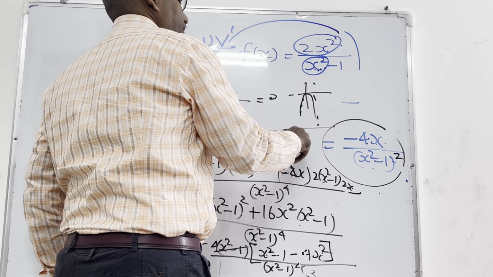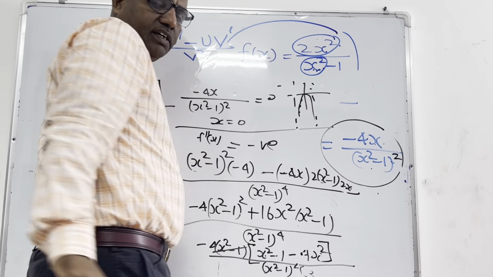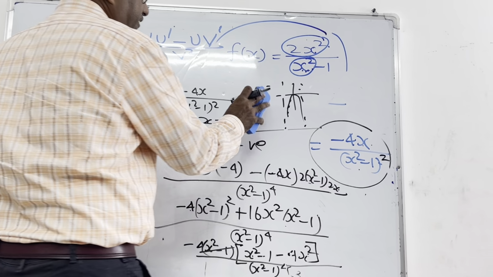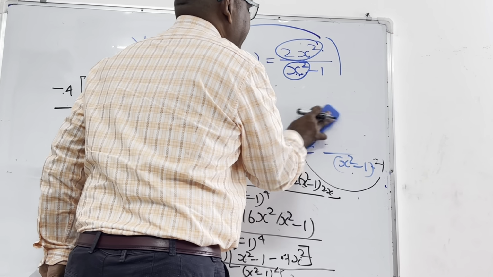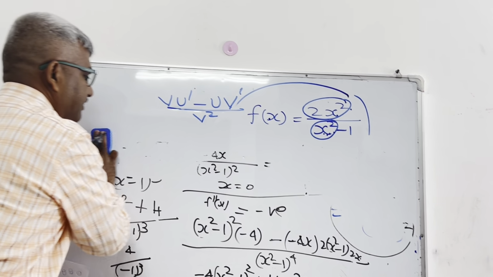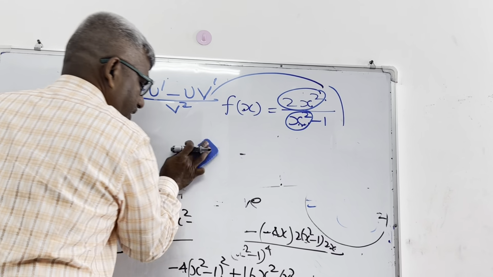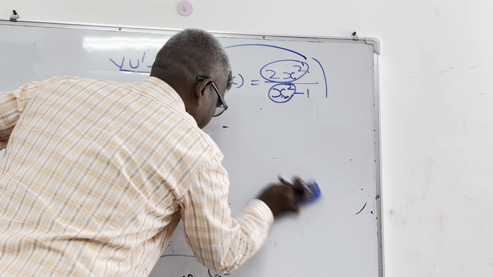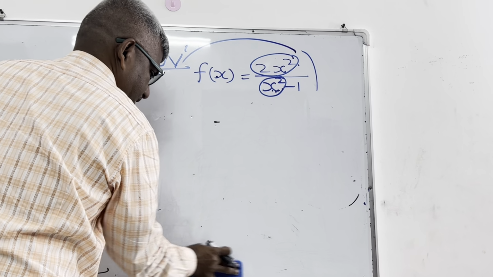Okay. Almost we concluded everything. Now next is concavity up, concavity down, and point of inflection.